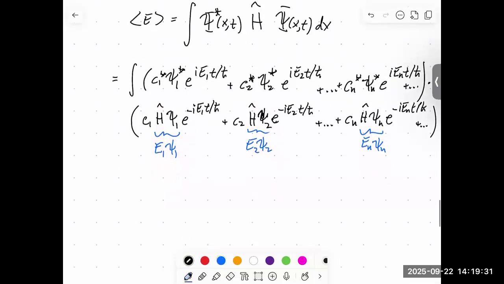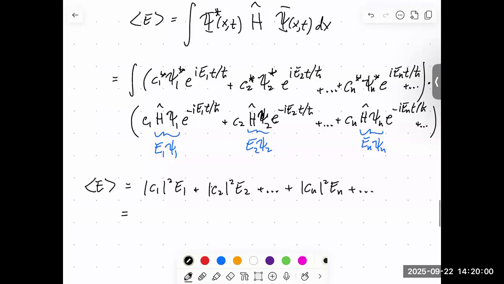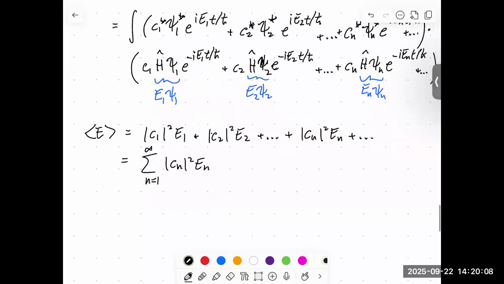And if you go and write out all the direct product terms and all the cross product terms, what you're going to find is C1 squared E1 plus C2 squared E2 plus and so on plus Cn squared En plus more terms. And this is the expectation value of the energy. And we could write it more compactly in this way.